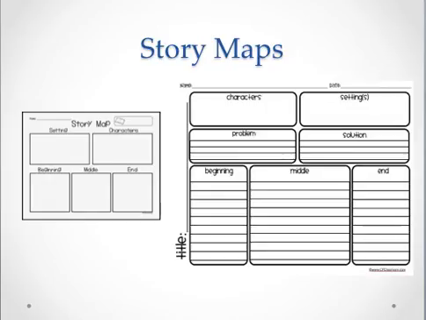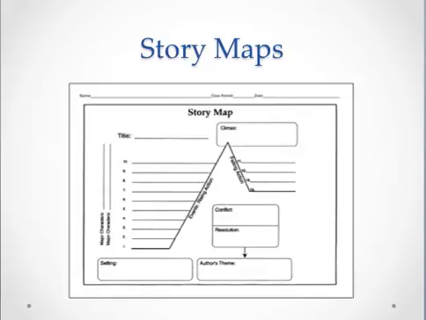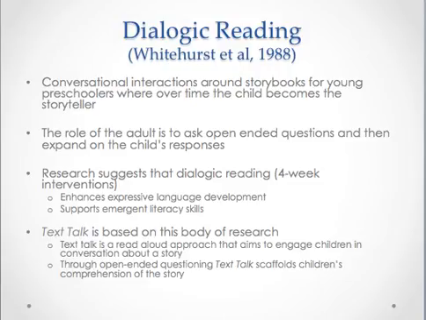So a couple of examples. I know you're familiar with story maps, but two very simple ones, a little more room for variety in the second, and then a much more complex one, which includes both rising action and falling action. But what story maps do is they provide a structure for kids to hang events and ideas and people on.